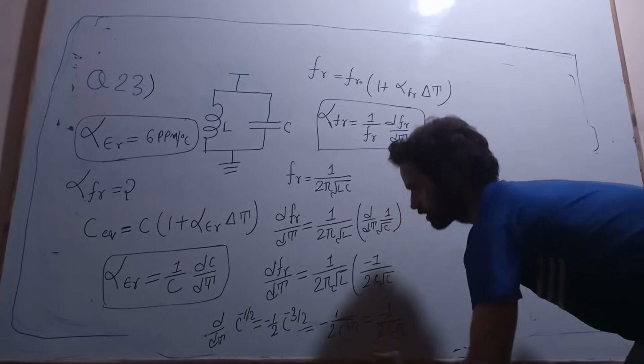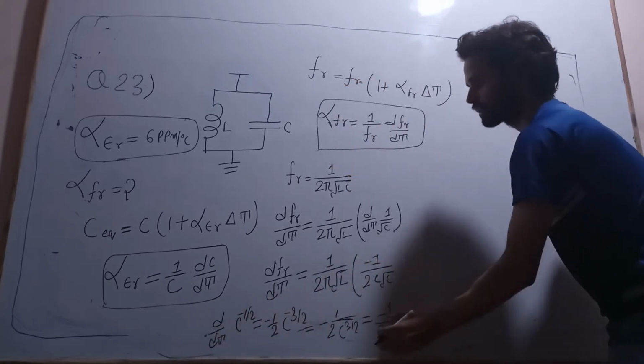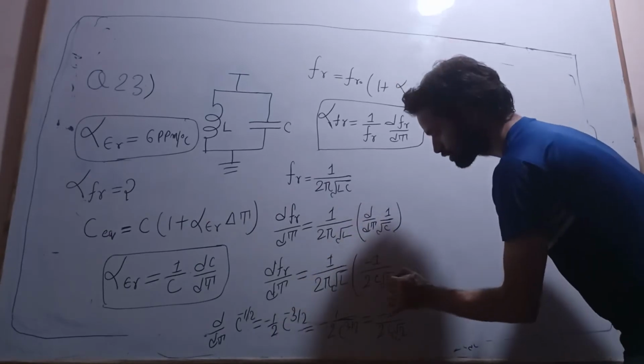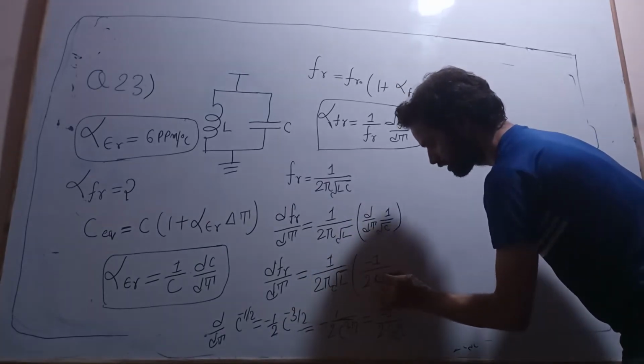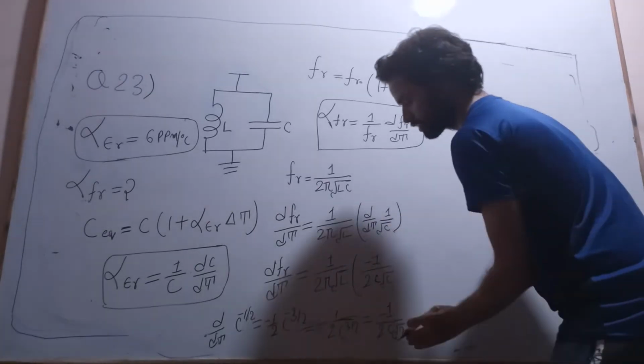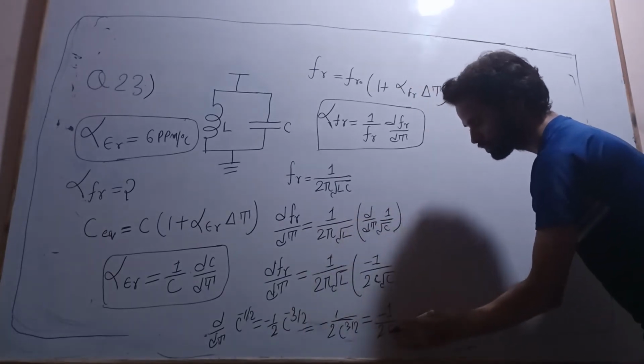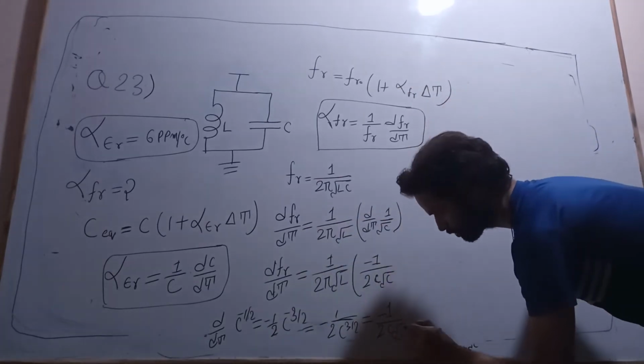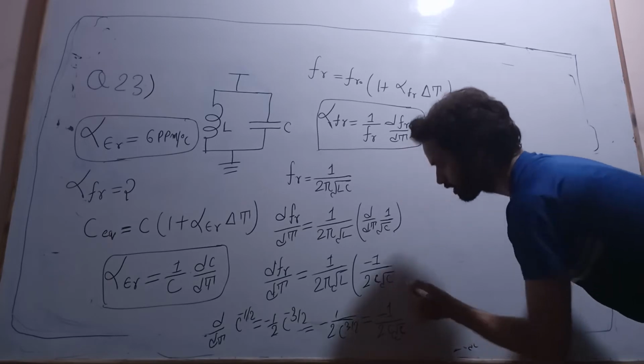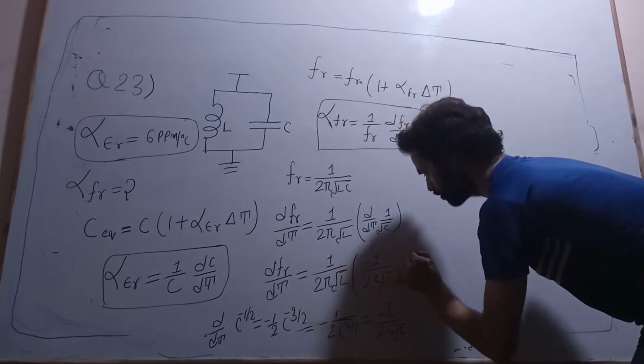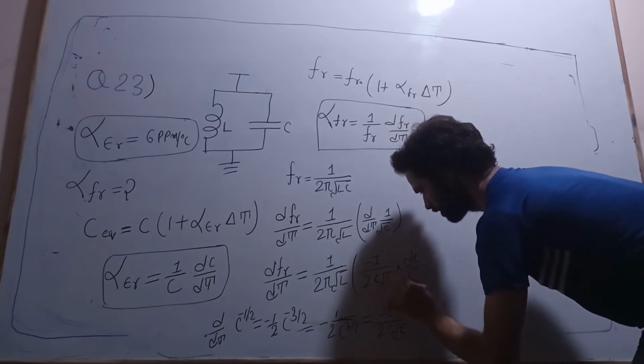So this is the differentiation of 1 by square root of C, which is nothing but minus 1 by 2C root C into dC by dT.